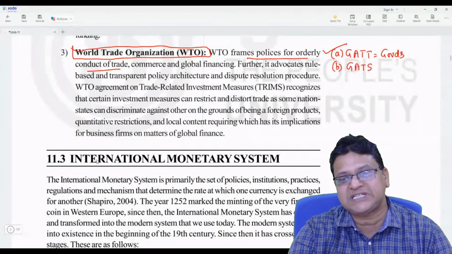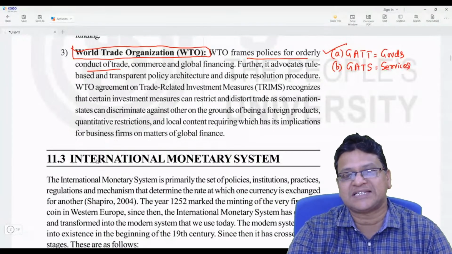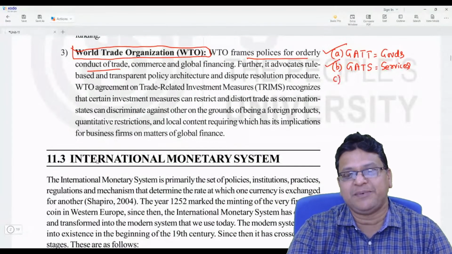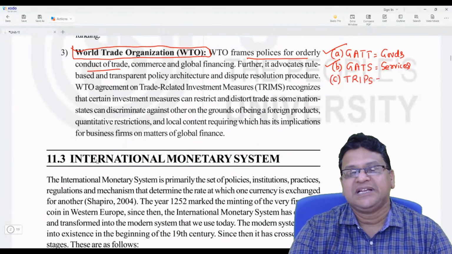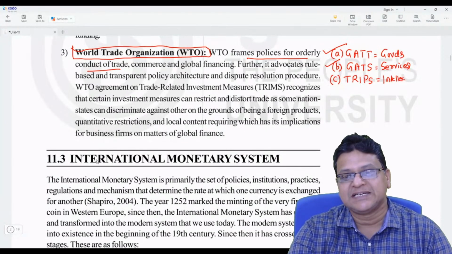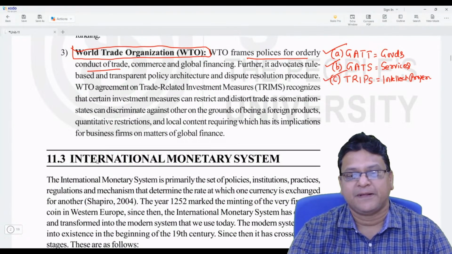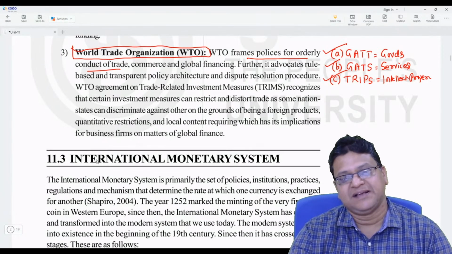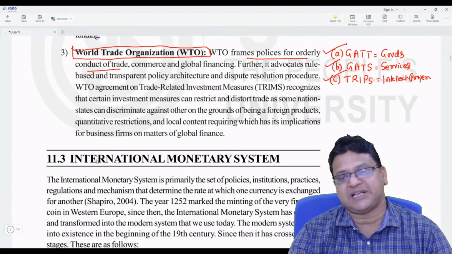International trade of services is done under the rules framed under the GATS agreement. There is another agreement known as the TRIPS agreement. What is TRIPS? International trade of intellectual property rights like trademark, goodwill, patent, copyright, integrated circuits, GI, and trade secrets is conducted under the TRIPS agreement.